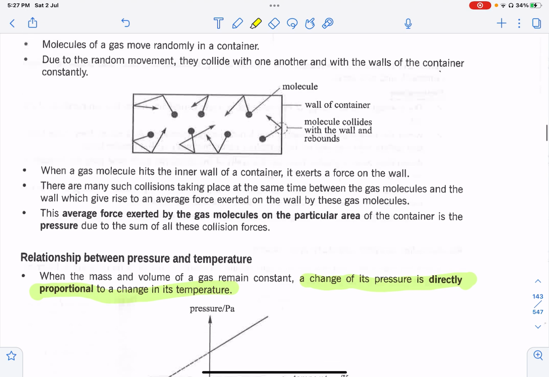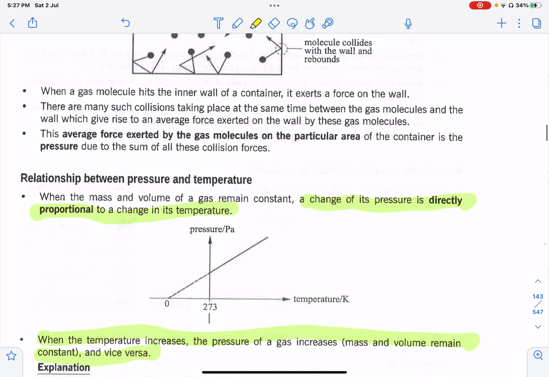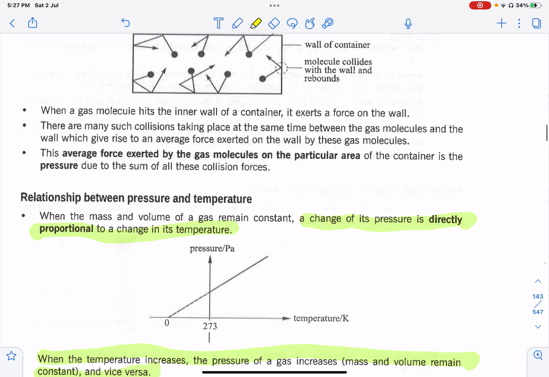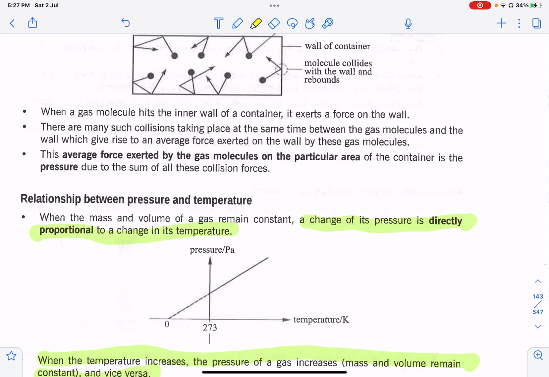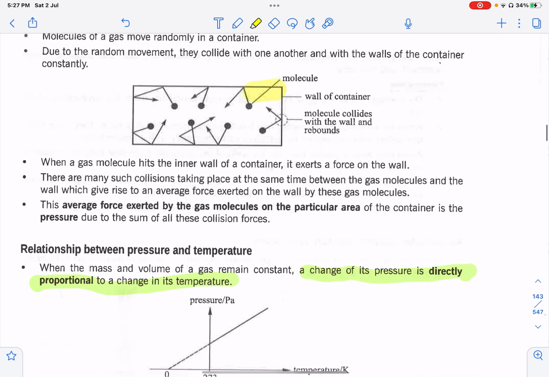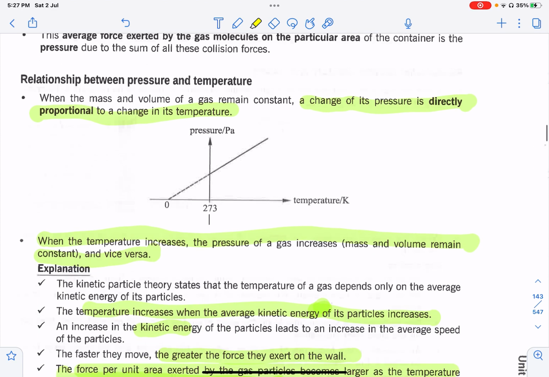When the gas particles hit the inner wall of the container, they exert a force, leading to pressure. The average force exerted by the gas molecules over a particular area of the container, like the side I highlighted, is pressure, and this is due to the total sum of all the collision forces.